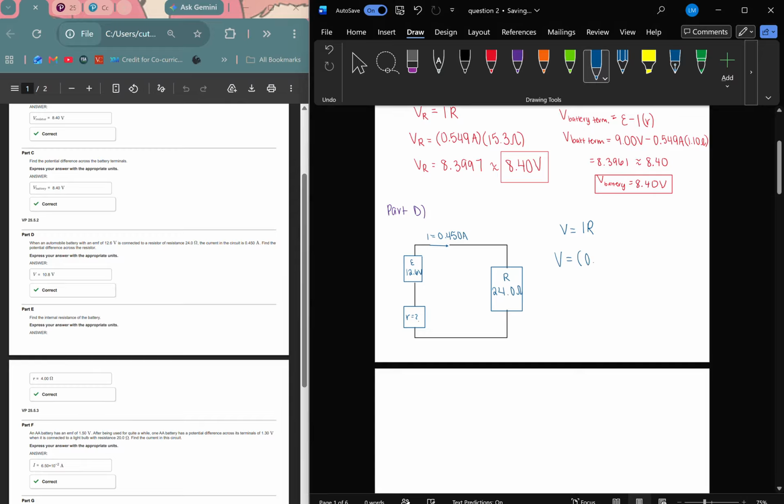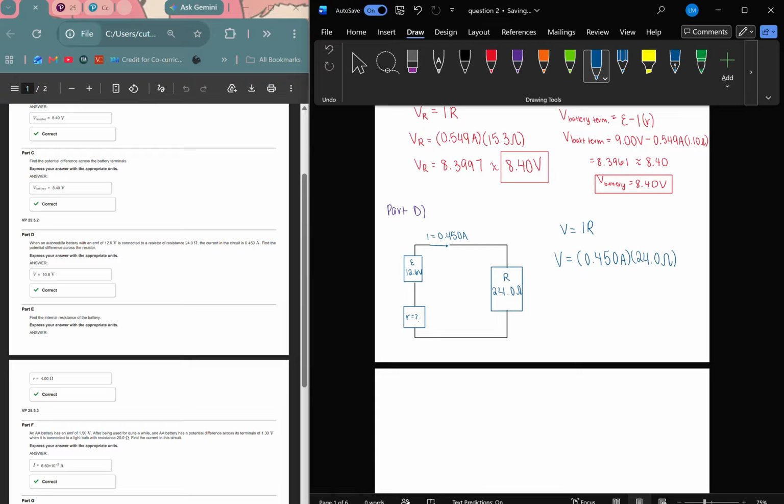So we're going to do the current, which is 0.450 amperes, and the resistor is right here, 24.0 ohms. Okay, so now let's solve.